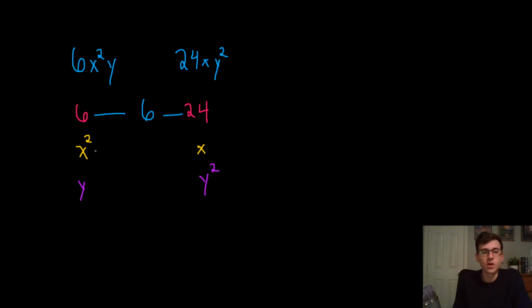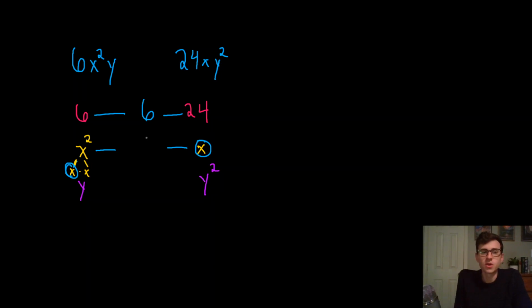Okay, what about x squared and x? What can I divide x squared by that I can also divide x by? Well, if we did a factor tree here, x squared would be x times x. So I do have a common factor between these two, right? It's just x. x divided by x is 1. x squared divided by x is x.